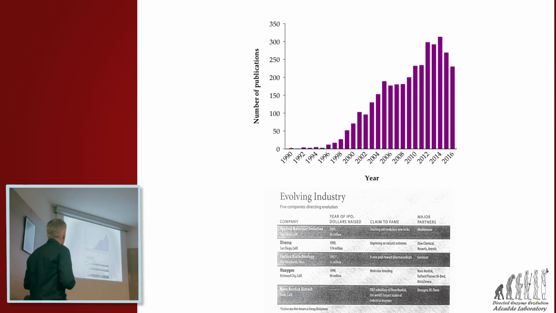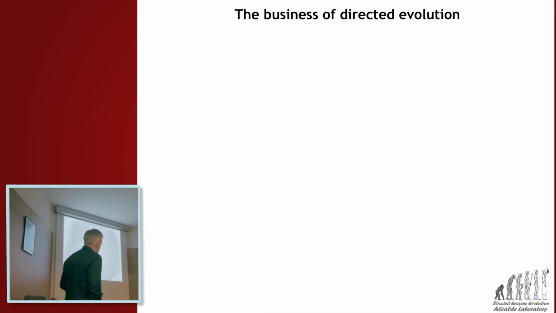And this is a slide where you can see the growth in research papers on directed evolution, and also how directed evolution evolved by the hand of industry. All the biotechnological companies are setting up different research lines and different divisions for directed evolution of their enzymes.